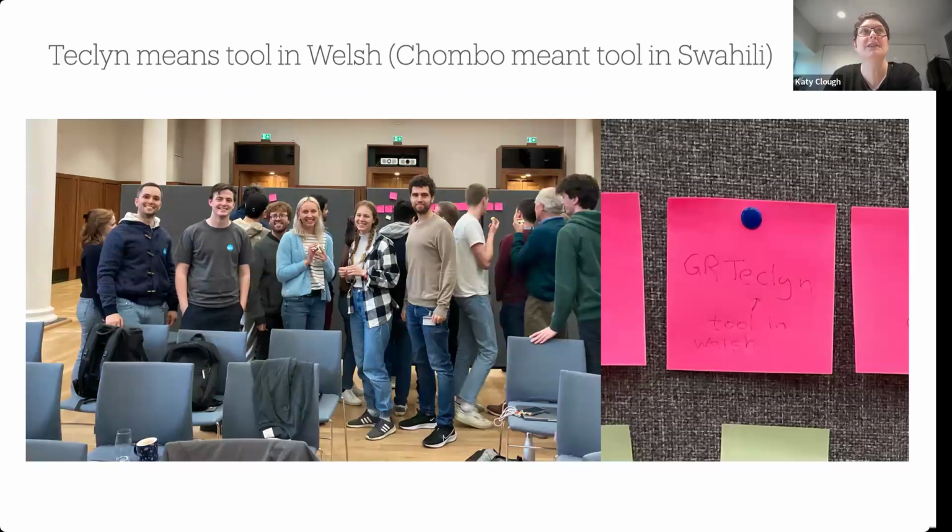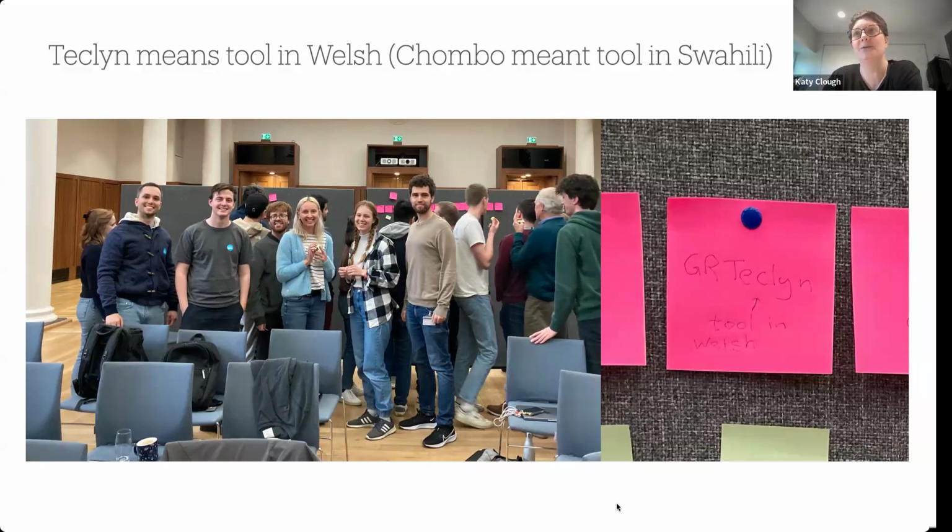Okay, so what is GRTeclyn? Teclyn means tool in Welsh. Chombo meant tool in Swahili, so we kept the GR plus a word that means tool in a random language theme, and we have that for some of our other codes. This was one of our meetings where we all had ideas for code names and we stuck them up on a board.